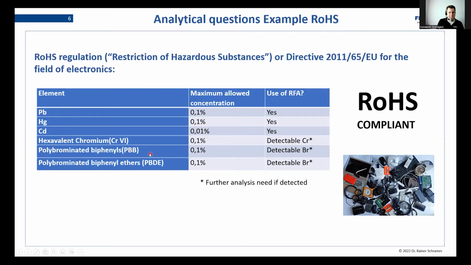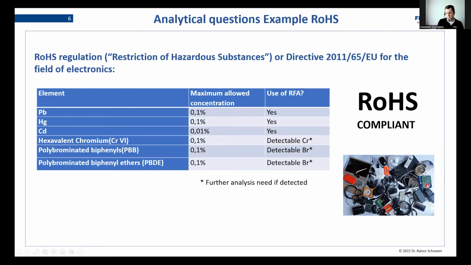Again, funny names. The problematic stuff in both of these, again, organic components, is the bromide. And there are certain maximum concentrations allowed in a lot of things that are used in these electronics.